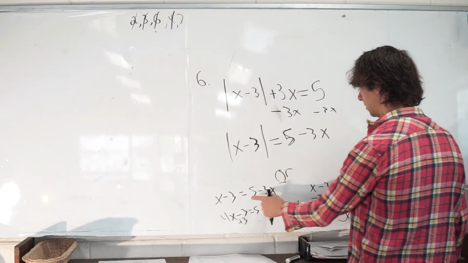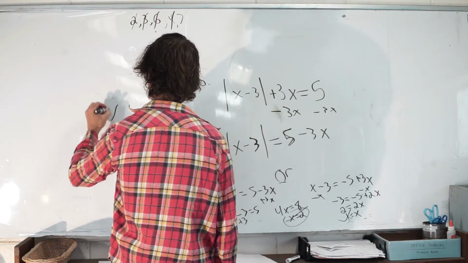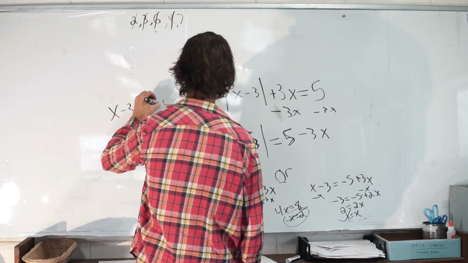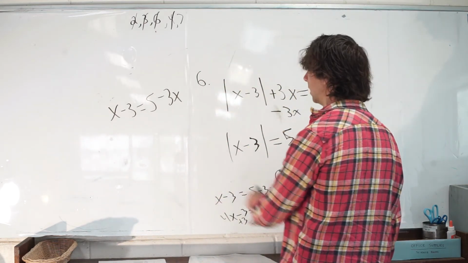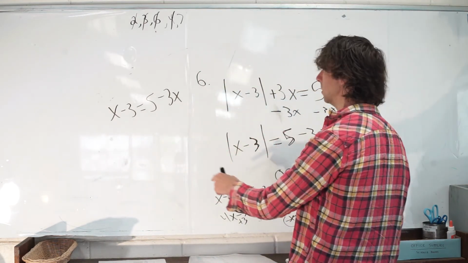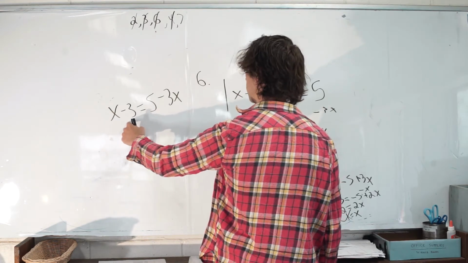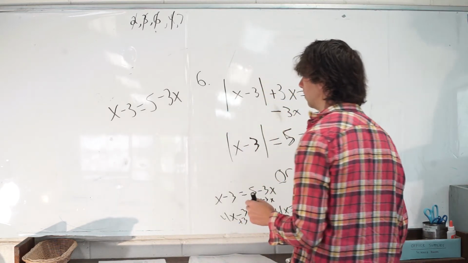Okay, and now the clearest way I can show you why this is an erroneous solution is because look at this step here. Okay, we have x minus 3 equals 5 minus 3x, right? So if we plug in 2 back into this, it's going to work. I mean, that's what we just did, right? This is going to become 2 minus 3 is negative 1, and 5 minus 6 is negative 1, right?